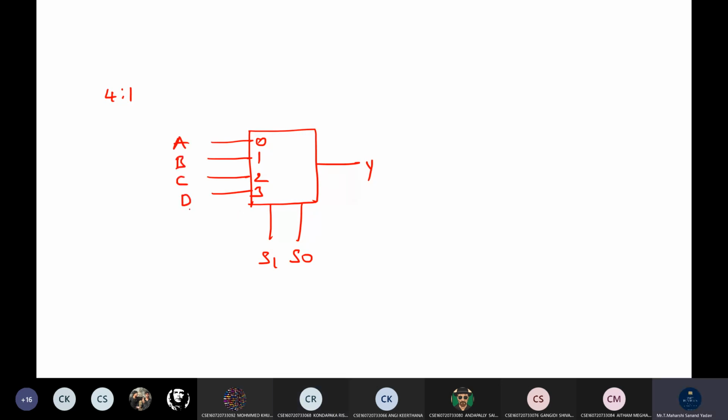Now tell me the output expression for this. When S1 and S0 are both zeros, what is the output? A will be the output.